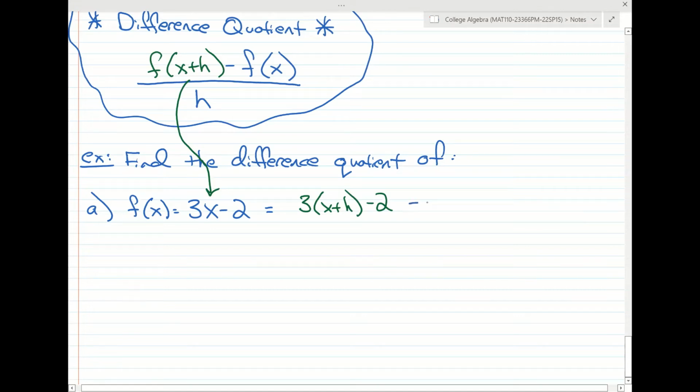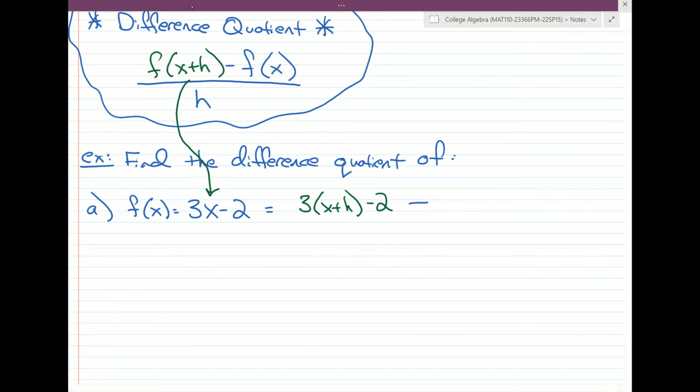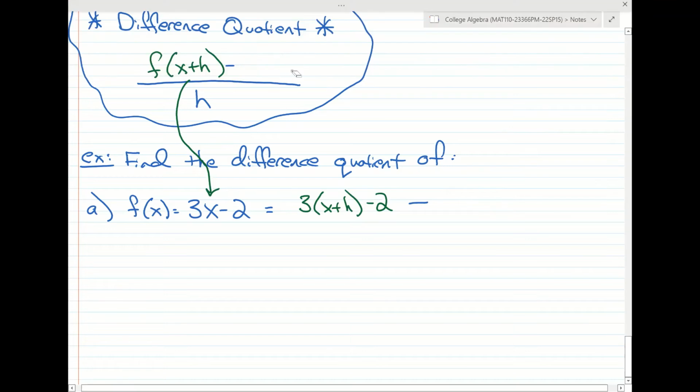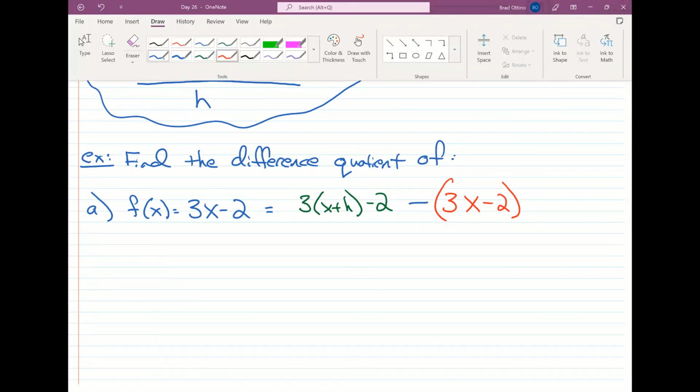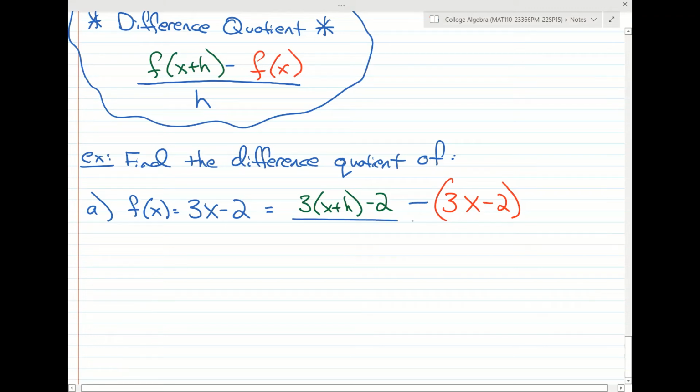And we're going to subtract f of x. f of x is just 3x minus 2, but we're going to remember to put it in parentheses so we subtract the whole thing and make sure we distribute the negative. Then we're going to divide everything by h.